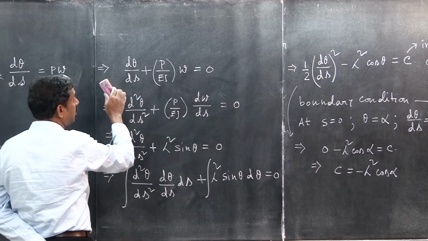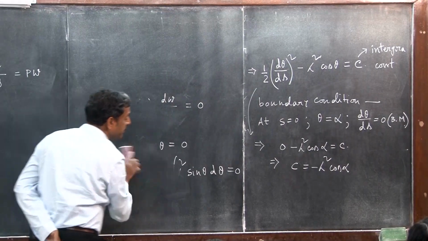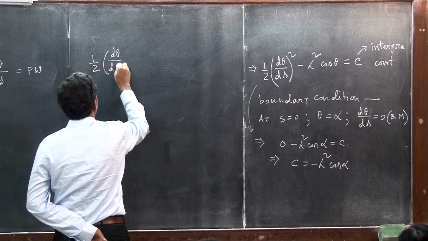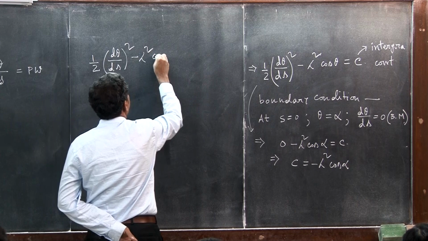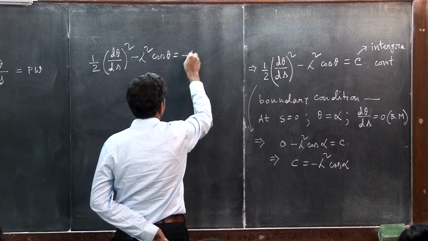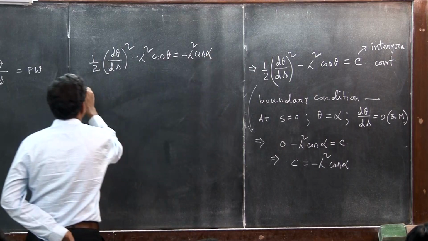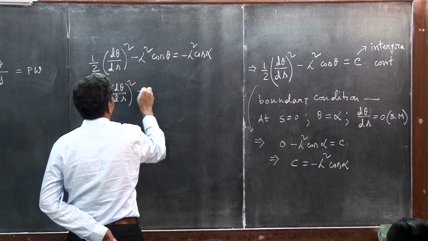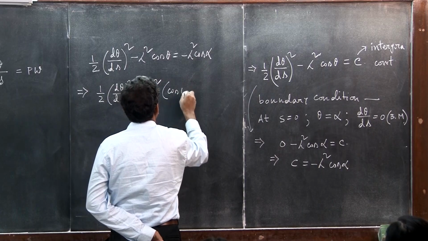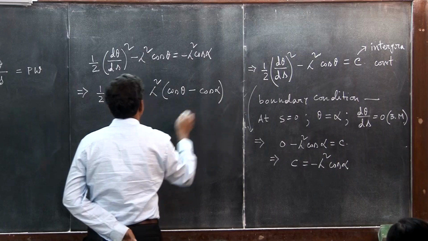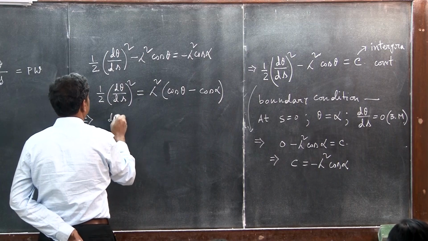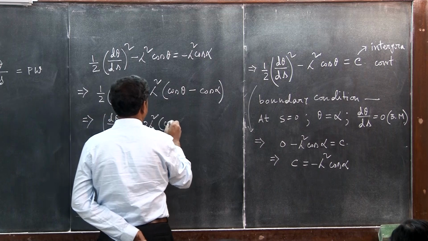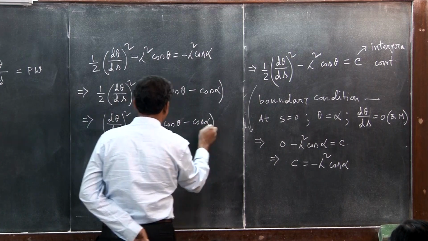What we obtain ultimately is half d theta ds square minus lambda square cosine of theta is equal to c, which is minus lambda square cosine of alpha, and then half d theta ds square is equal to lambda square cosine theta minus cosine alpha. So d theta ds square is equal to 2 lambda square cos theta minus cosine of alpha.